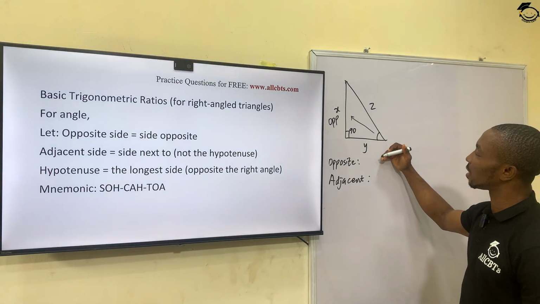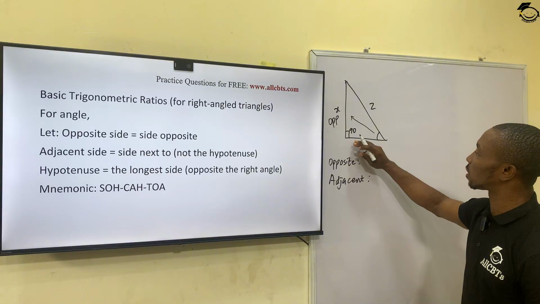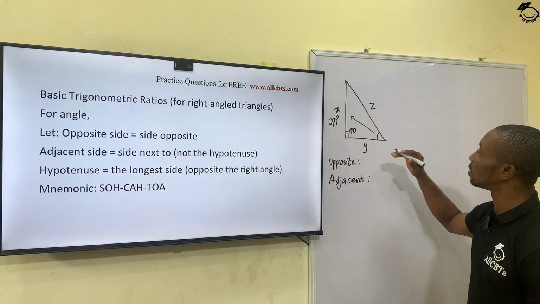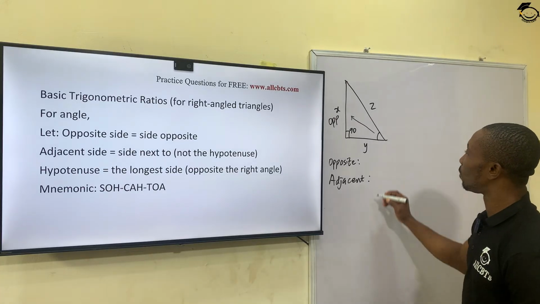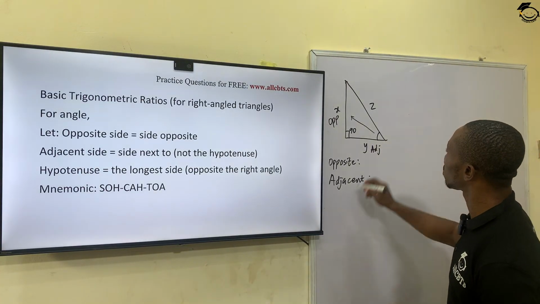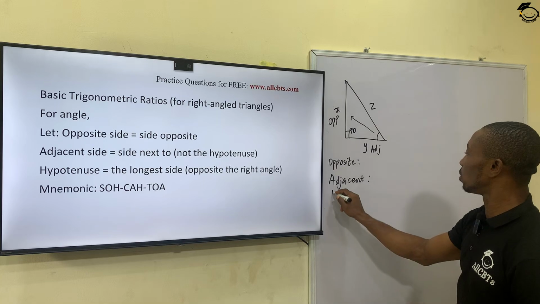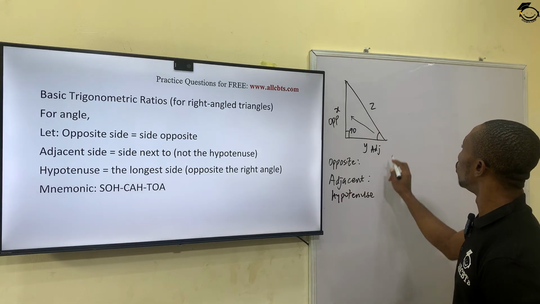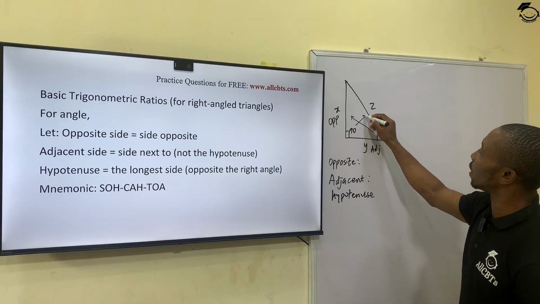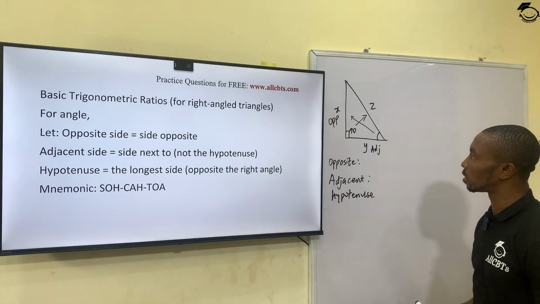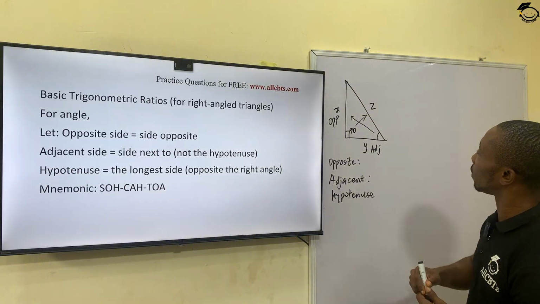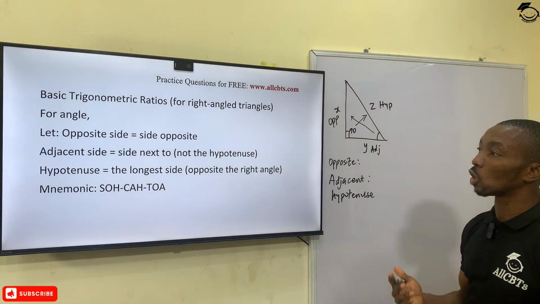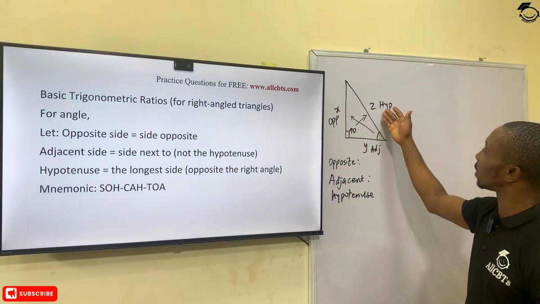So this would be our adjacent, and your hypotenuse would be the side facing your 90 degrees. It is often referred to as the longest side of the right-angled triangle.